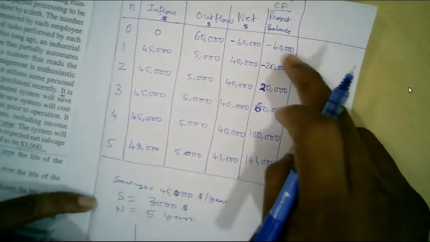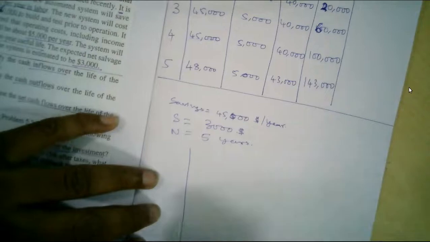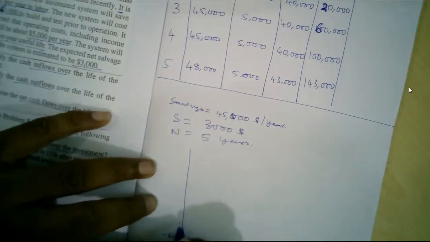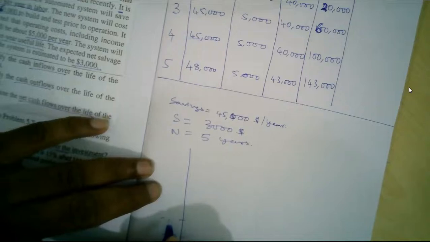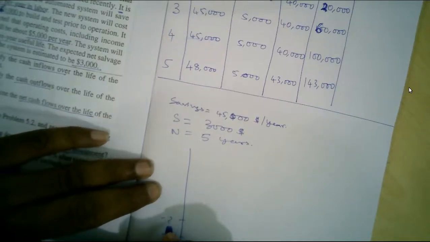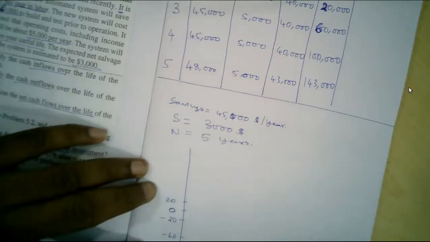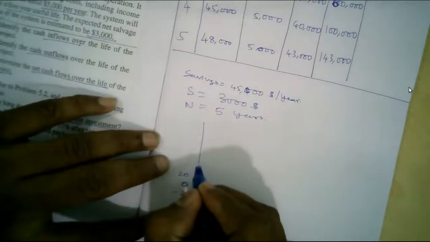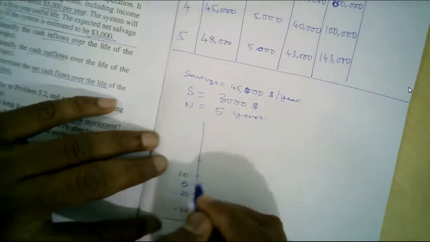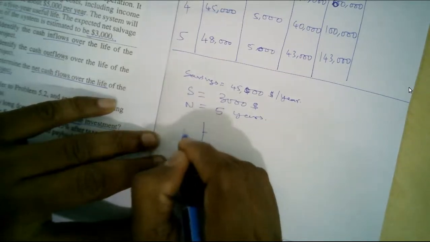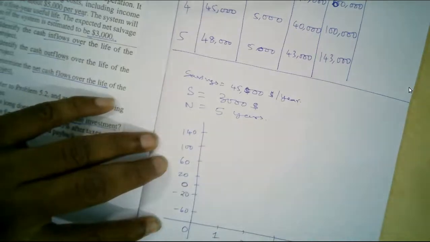So we are having minus 60 to 143, right? So let's call this as minus 60, minus 20, 20. So here it will be 0, and it will be 60. Let's make it 100, and let's make it 140, something like this.